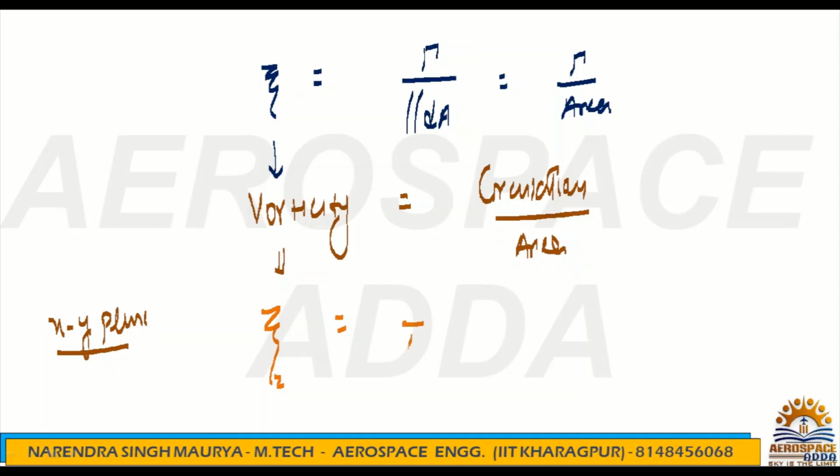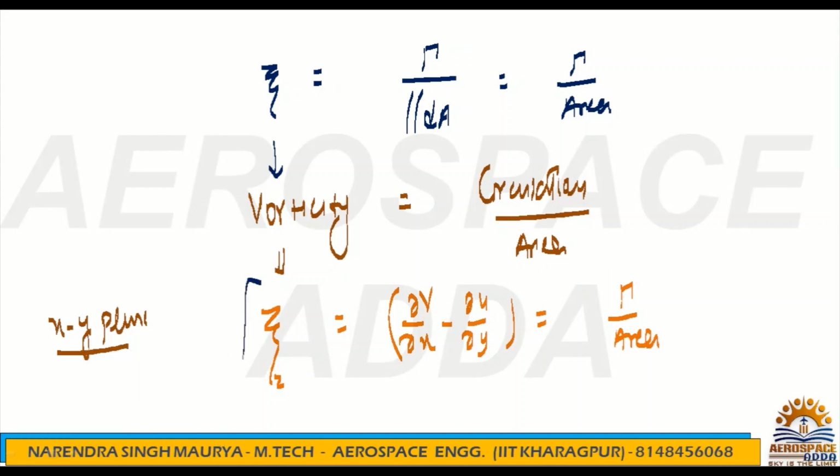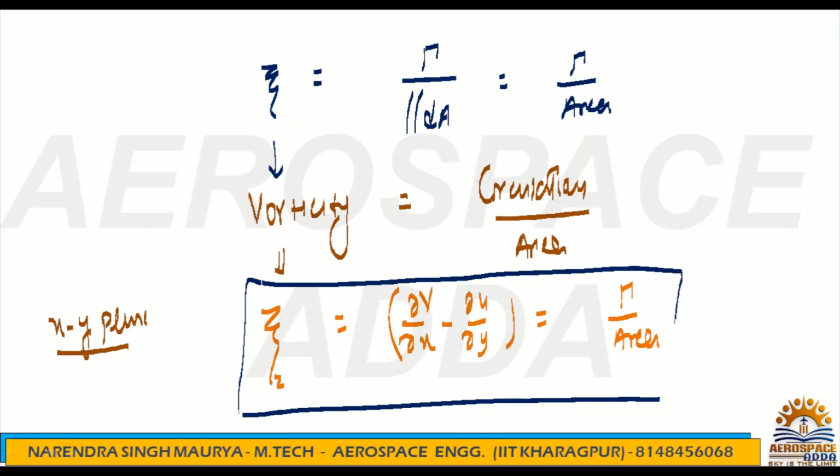It is nothing but dou v by dou x minus dou u by dou y. It's nothing but circulation by area. So this is a very special result. You have to remember circulation per unit area.